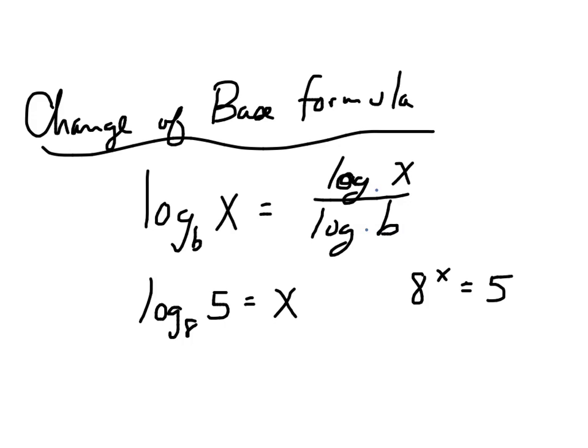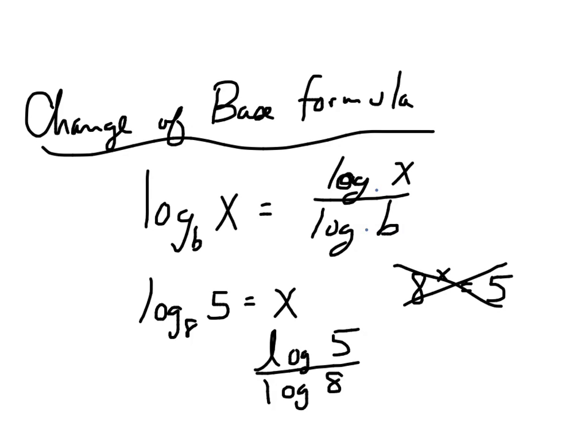So instead of using that, all we're going to do is take log of the big number, is what I like to call it, divided by log of the base number. Simply put, you type log, which is on your calculator, it's the fourth one on the left from the bottom, and it'll automatically give you a parenthesis.